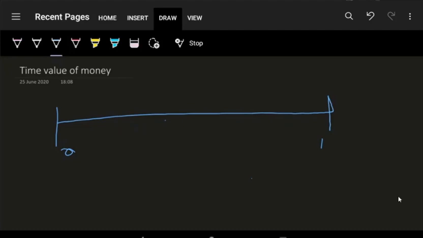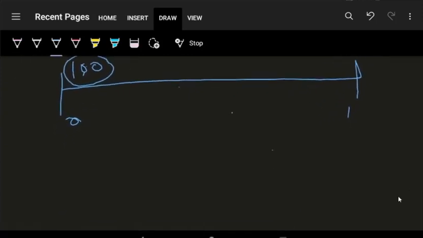So, I deposited 100 here at time 0 and at time 1 I got 115 rupees back. This extra 15 that I have got is called my interest amount. This is the amount that I have earned in 1 year, which is credited in my account at the end of the year. The initial amount, 100, is called the principal amount or capital.